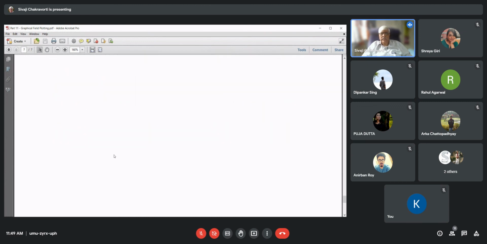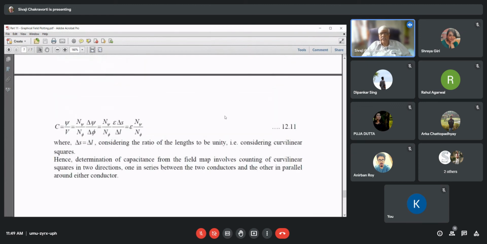So what I have explained today are two methods: one, experimental field mapping, and the second, graphical field mapping. In both cases, I won't say that this will be used for practical applications today, but it is very good for understanding the field.